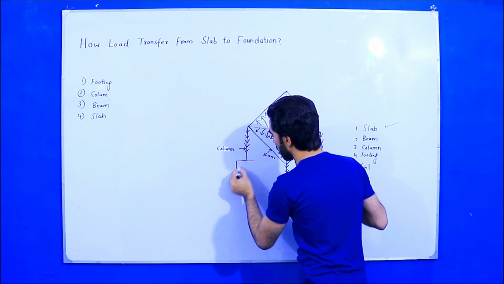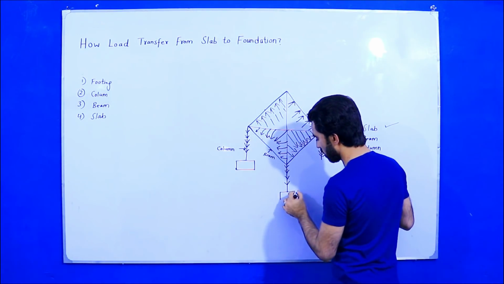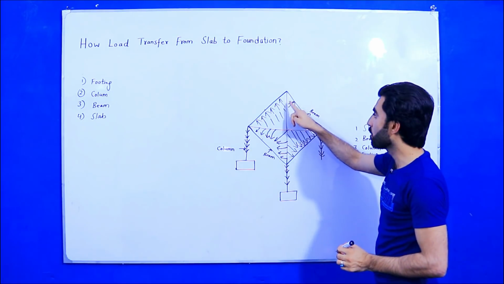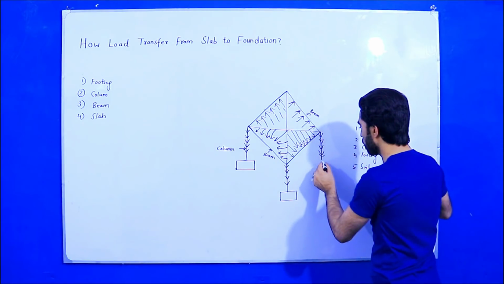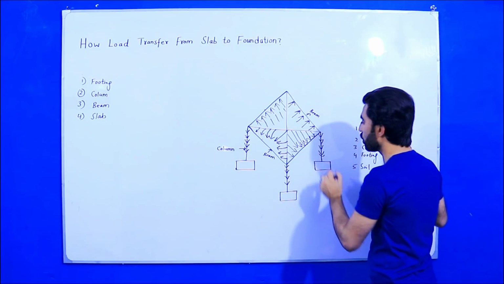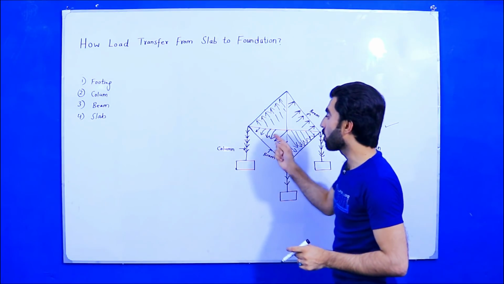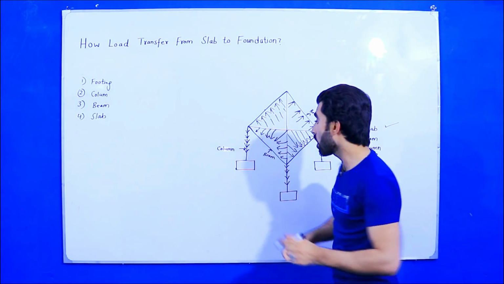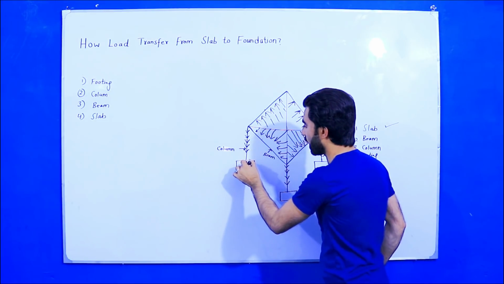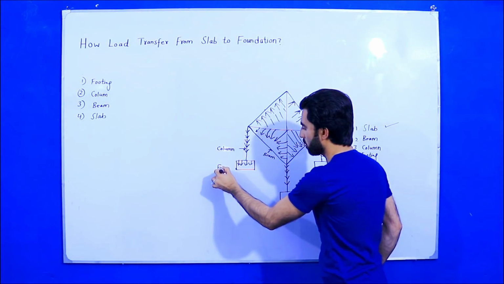As you can see, this is a footing, this is also a footing. But I removed the fourth column because you will be confused in this diagram. So these are footings. When the load transfers from the beam to the columns, the columns transfer the load to the footing here, like this.